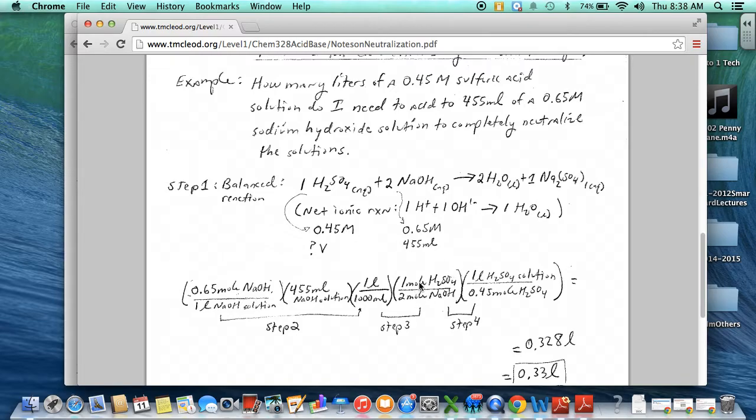To get rid of the moles, I put the moles on the bottom and liters on the top, and the 0.45 comes to the bottom. So I do the math. I get 0.328 liters, which is 0.33 liters, because this is two significant figures, and that's two significant figures. So that's how you do it by dimensional analysis. No different than if it was just any solution.